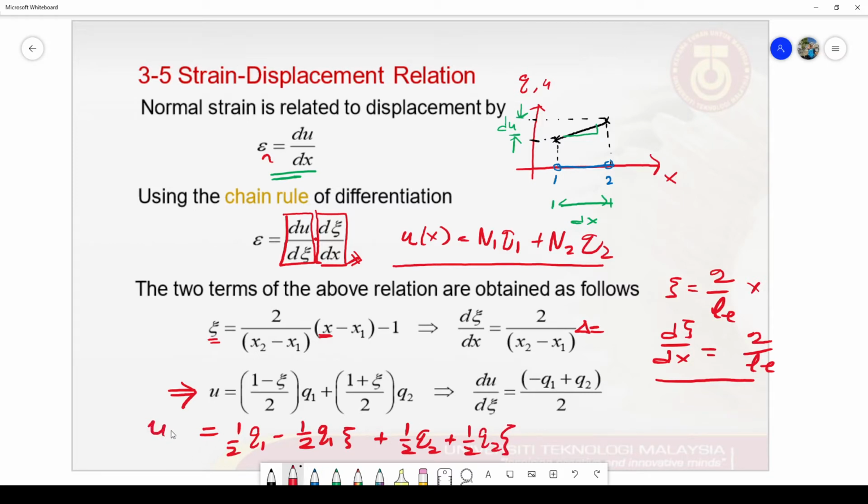So this is our u. If we differentiate this by z, then we will get 0 minus half q1 plus 0 plus half q2. If we simplify this equation, it gives us du over dz equivalent to half of negative q1 plus q2.